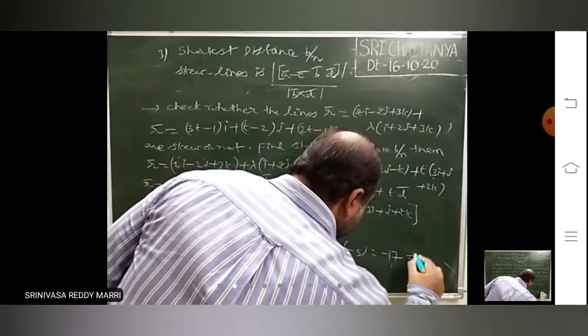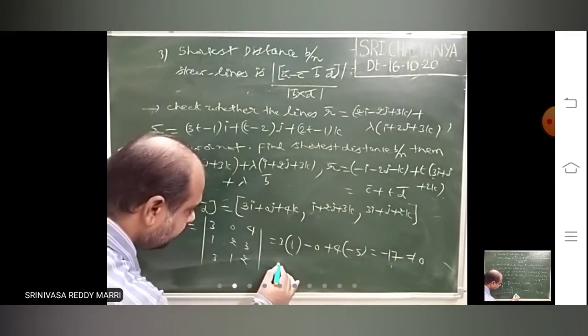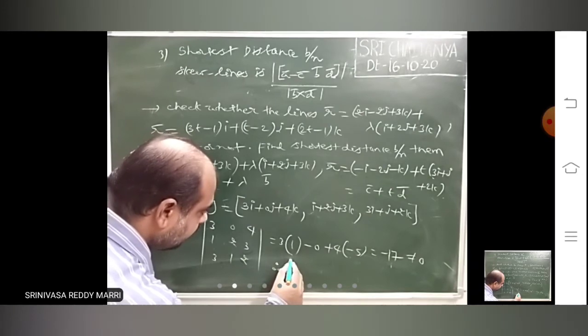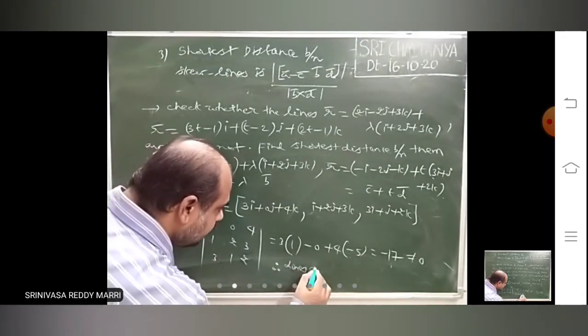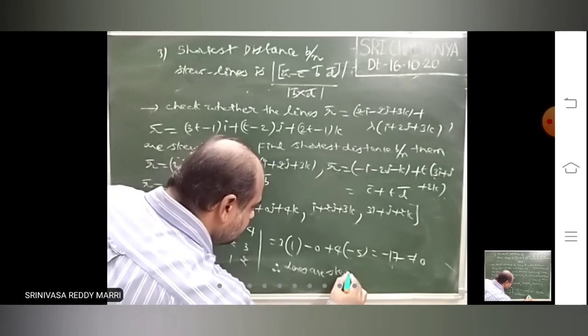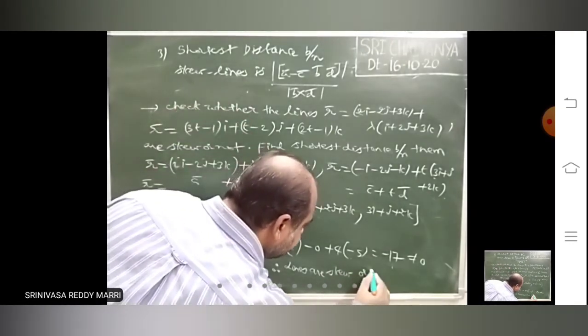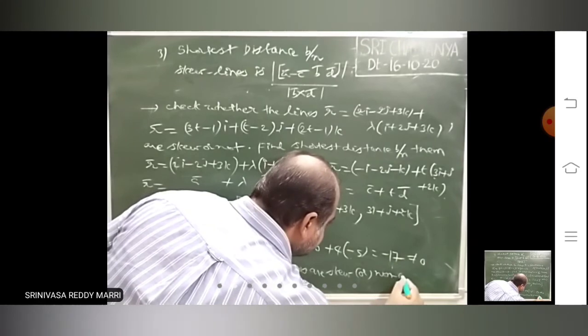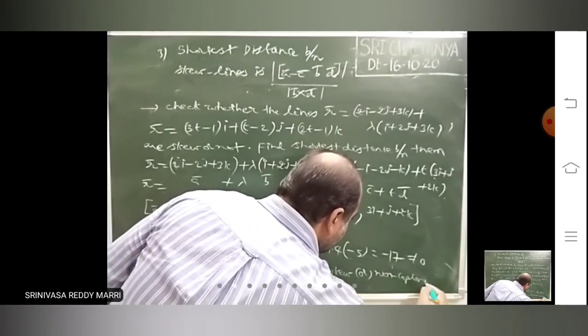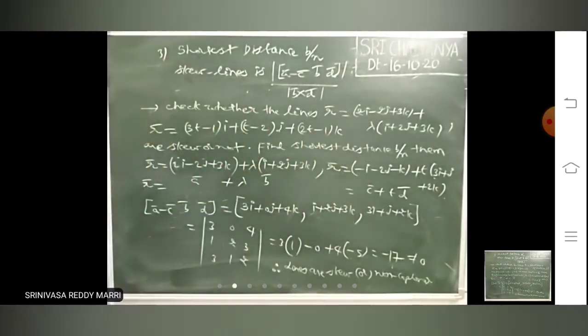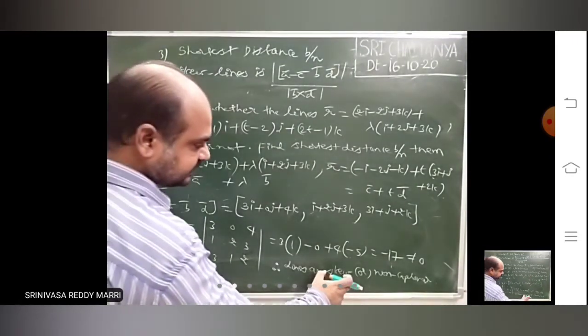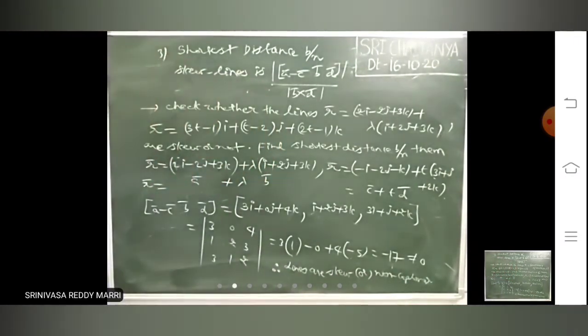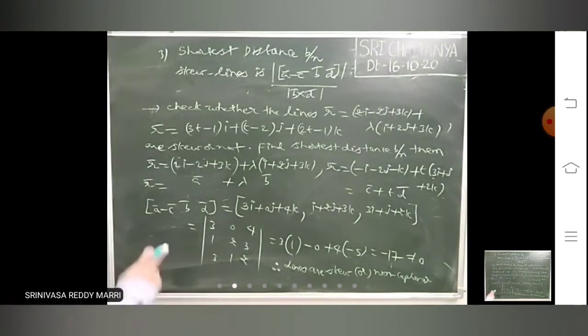This is not equal to 0. Therefore, the lines are skew, or we can say non-coplanar. Either is correct. These lines will be neither parallel nor intersecting. So the first question is over.